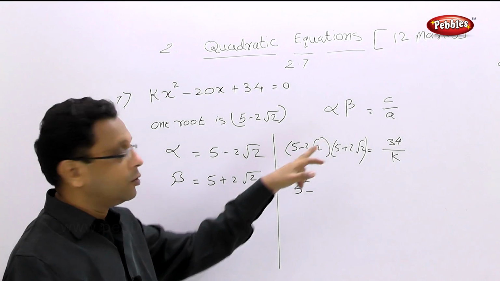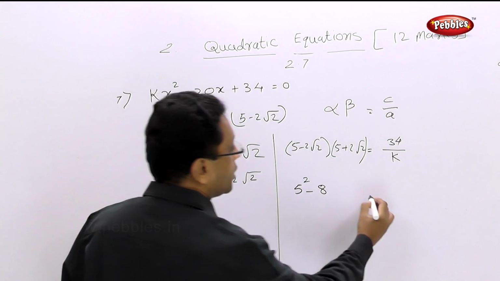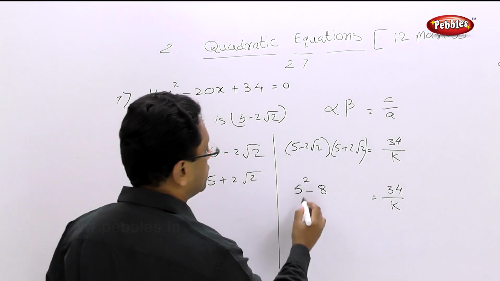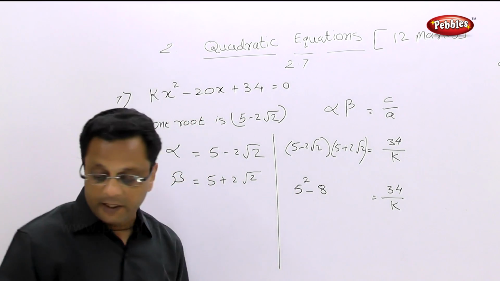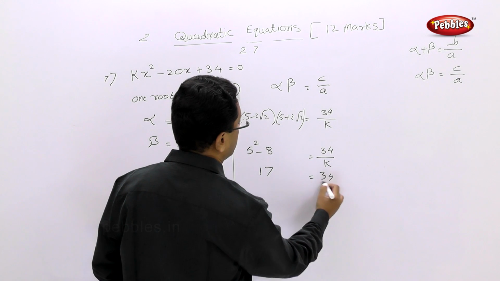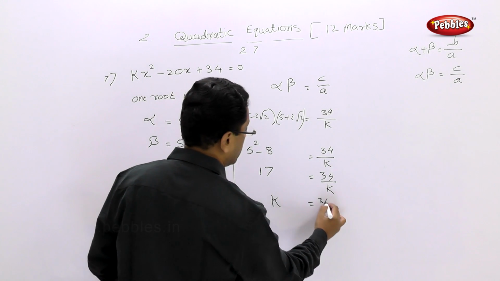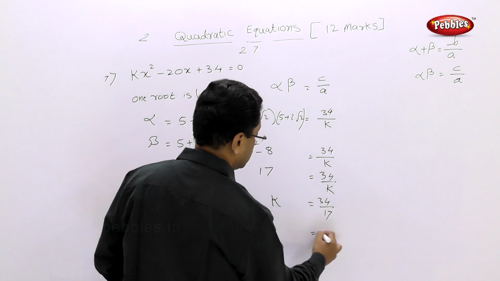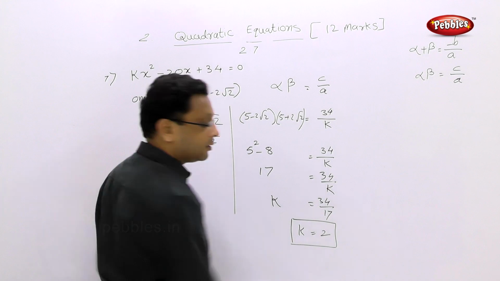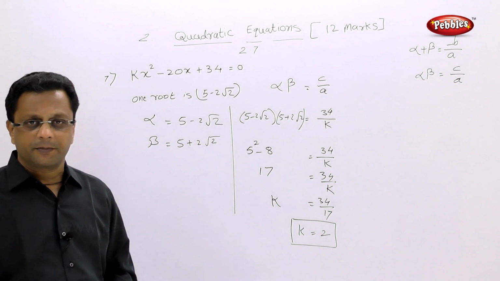Root 2 square is 2, 2 square is 4, it is 8, equal to 34 upon k. What is this? 25 minus 8 is 17 is equal to 34 upon k. So k is equal to 34 upon 17, that is equal to 2. So k is equal to 2. Very simple.